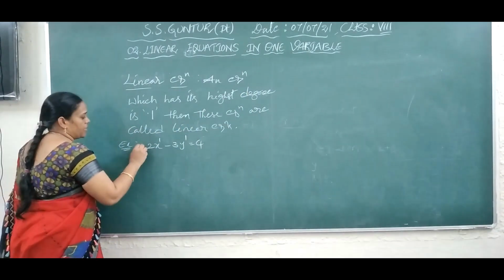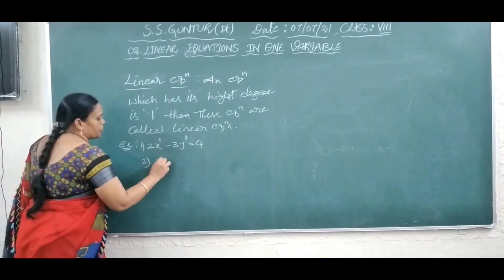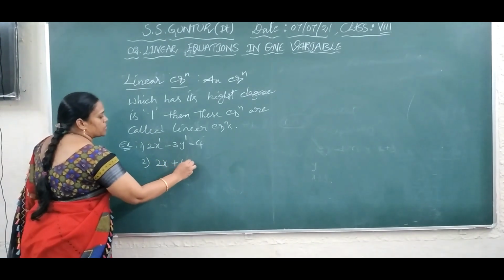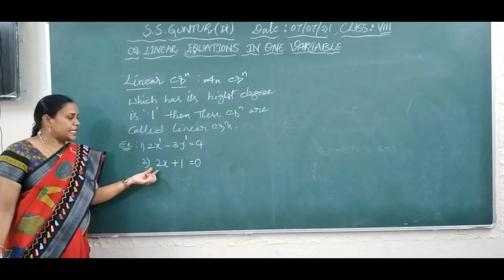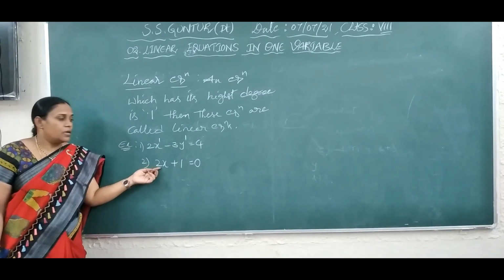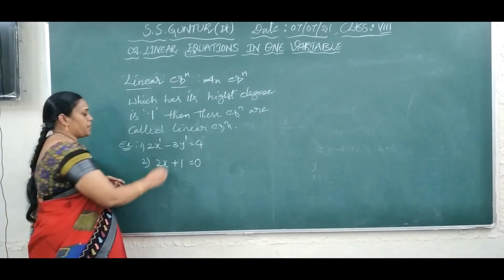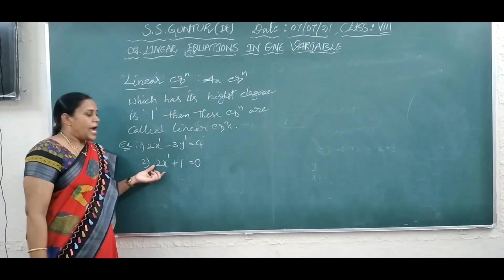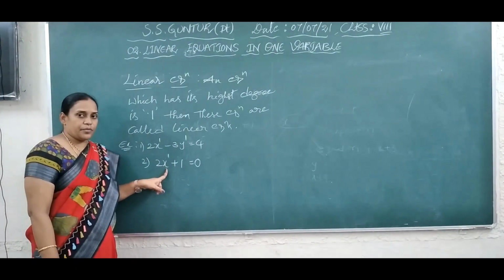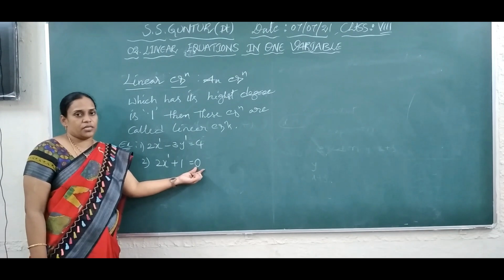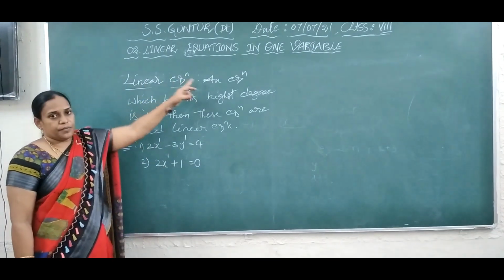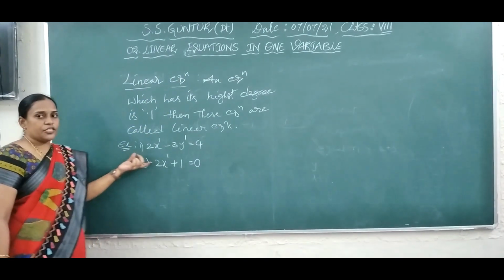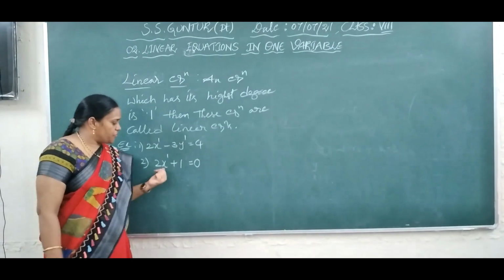See another example. 2x plus 1 is equal to 0. It is a linear equation in one variable because the power of x is 1 and it has only one variable. Okay? Clearly understood? This is a linear equation in one variable.